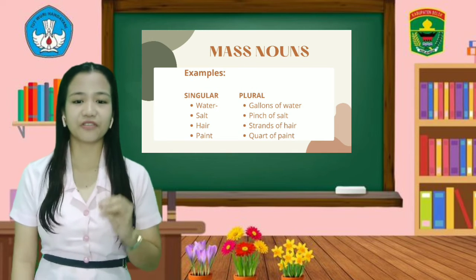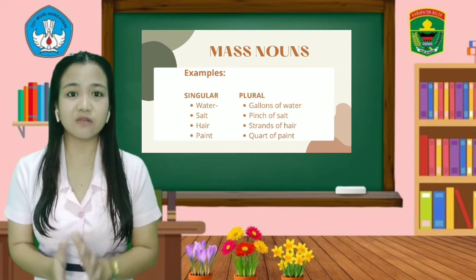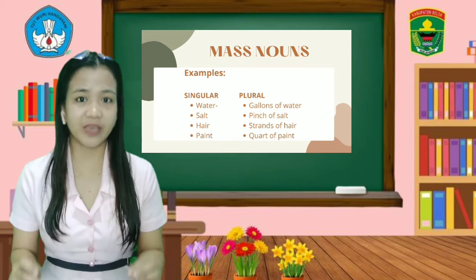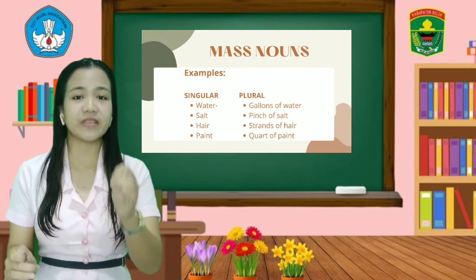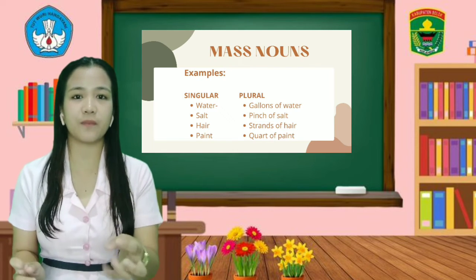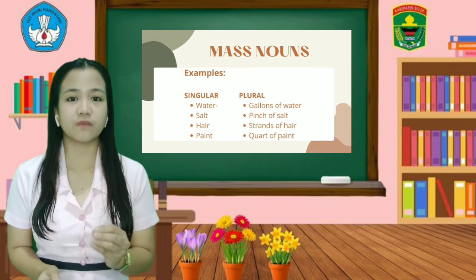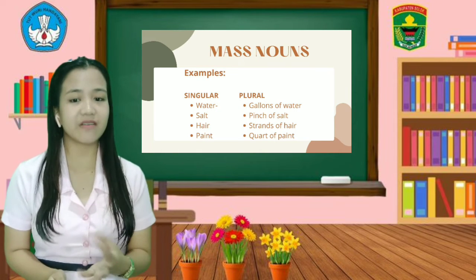Water, salt, hair, paint. These are examples of mass nouns that cannot be counted. Okay, and they are written in the singular form. But when we quantify them, we have gallons of water, a pinch of salt, strands of hair, a quart of paint.